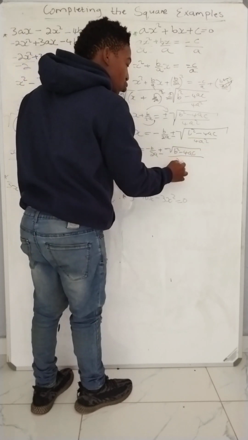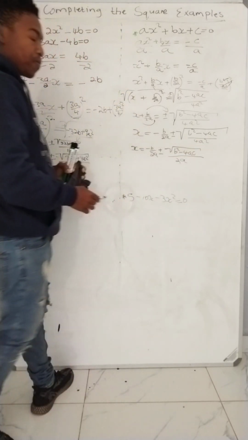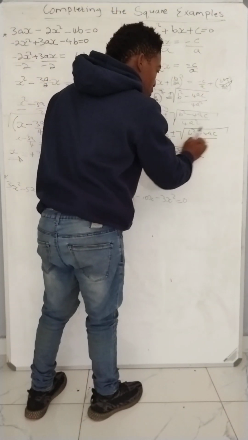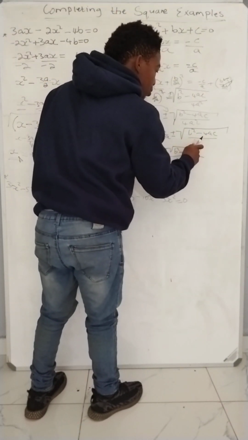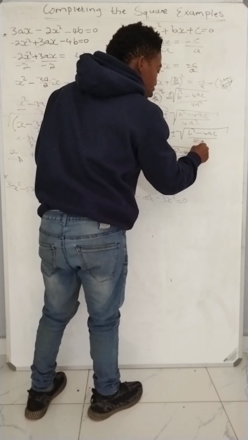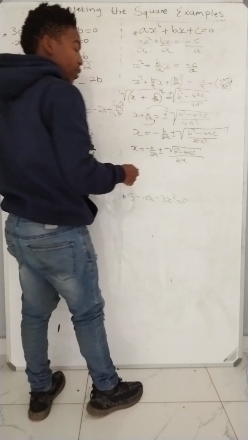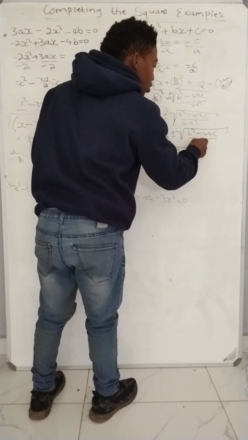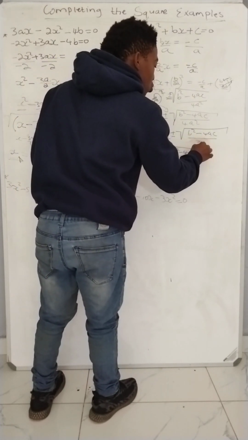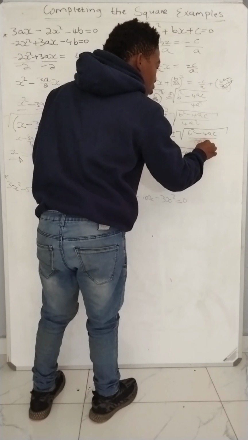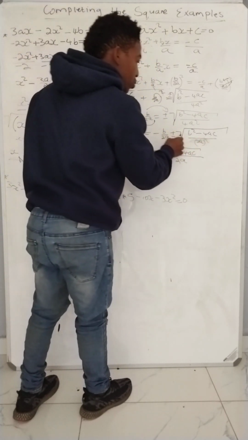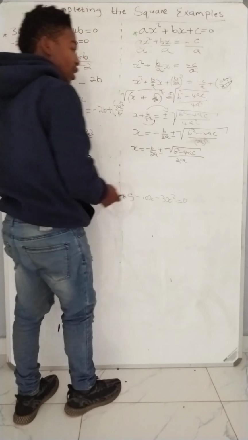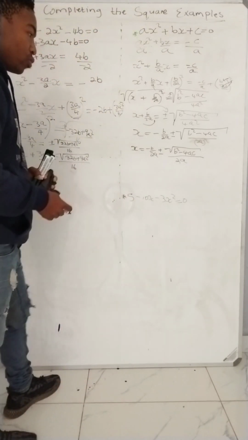The square root of a squared is a. You see? Because 4a squared can be written as 2 squared a squared. And then following the law of exponents, it can be written as 2a squared. And then the square root will cancel that squared, and you remain with 2a, and it is now out of the square root.